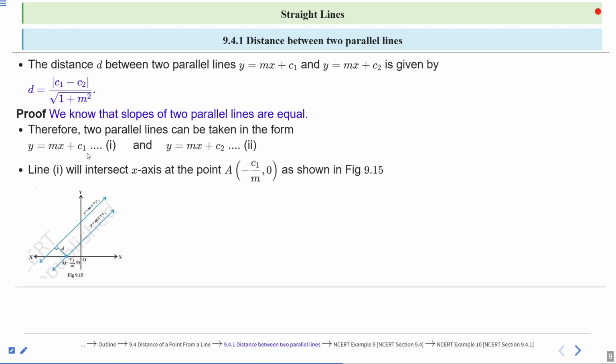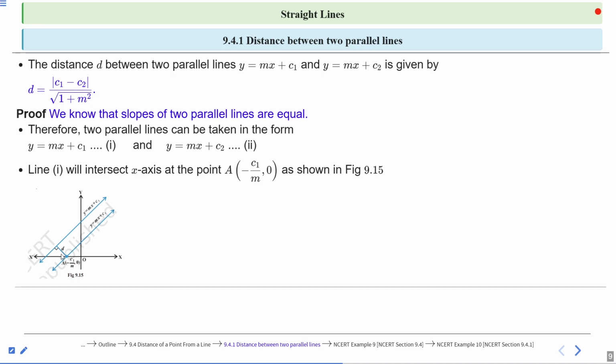Here you can see line 1 will intersect the x-axis at point A. What are the coordinates of point A? If we put y equal to 0, then we obtain x equal to minus c1 over m. So the coordinates of point A are (minus c1 over m, 0).